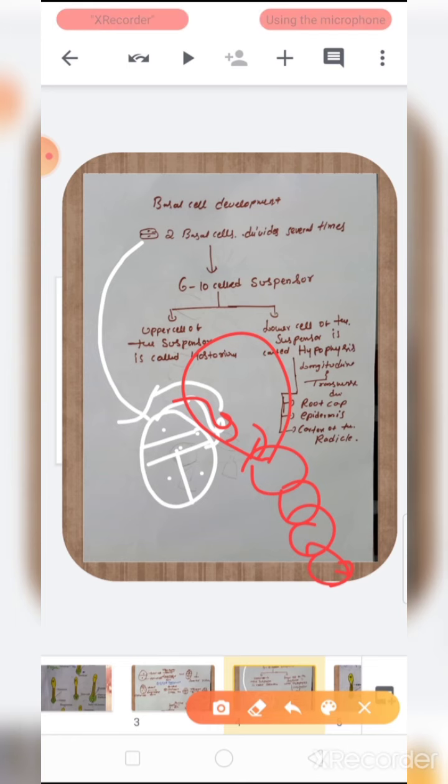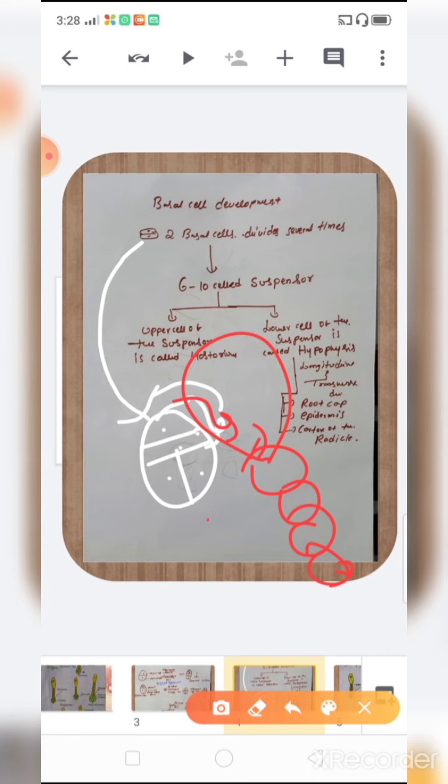Next, due to further divisions in the embryo proper, the embryo appears heart-shaped in longitudinal section. A continued enlargement of the hypocotyl and cotyledons brings about a marked curvature in the cotyledons, and the embryo appears as a horseshoe-shaped structure.